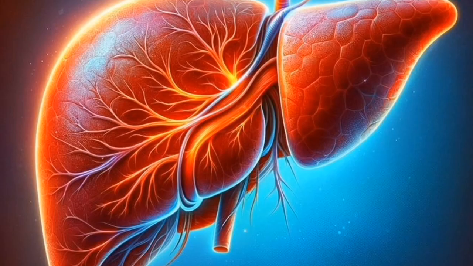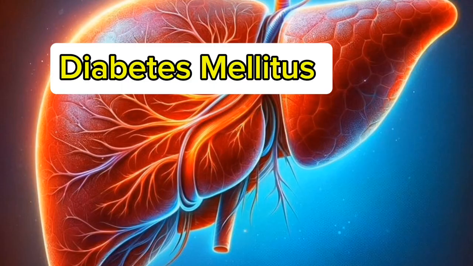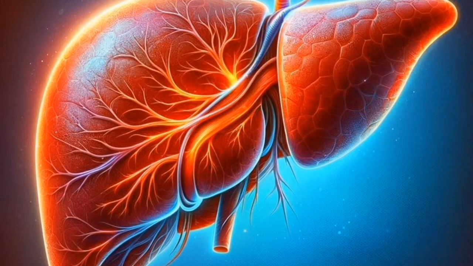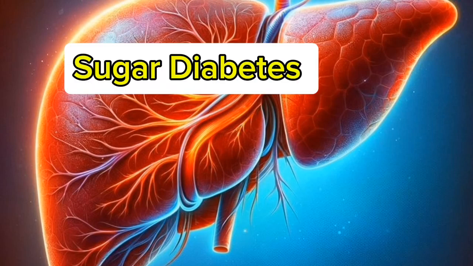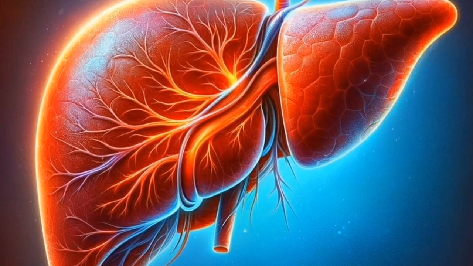Now, in simple words, diabetes mellitus in layman's language is also known as sugar diabetes. To get the core knowledge, diabetes mellitus is basically when the body does not use glucose normally.